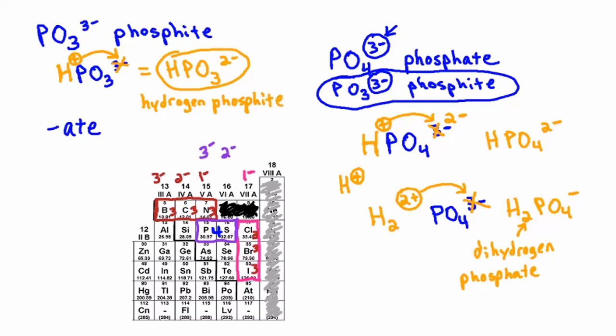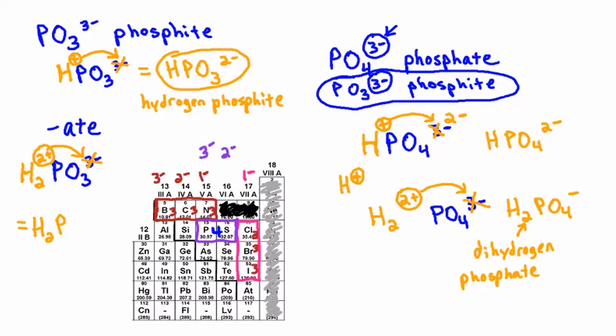So what if there are 2 hydrogens with this phosphite? So we have H2, and here's phosphite with a -3 charge. These 2 hydrogens are going to have a +2 charge. It's going to go over and cancel this out and give you just one negative charge.